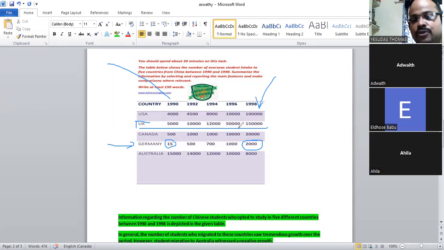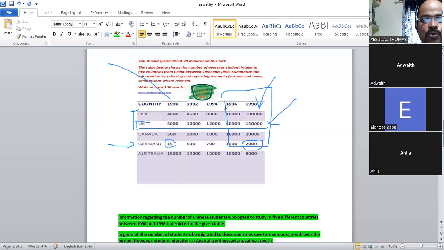But you can see most of the students went to the UK and the USA. And the UK stood first in case of this number. And this is what you can see there. And if you are more particular, you can see that the growth was more visible towards the end of the period, between 1996 and 1998.